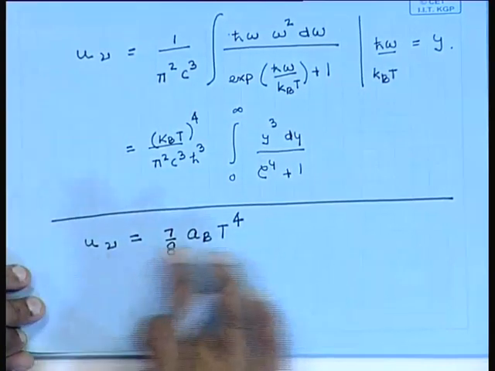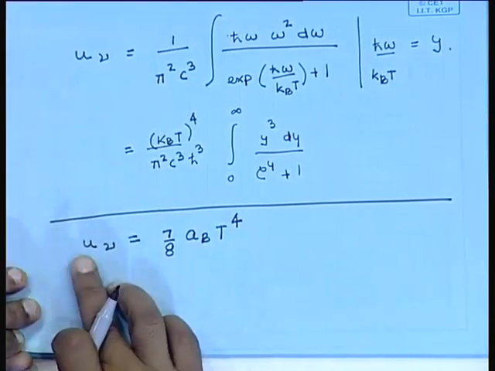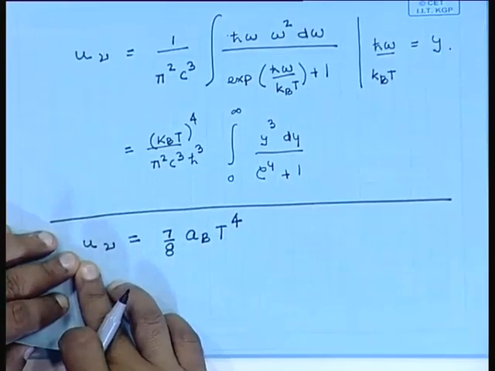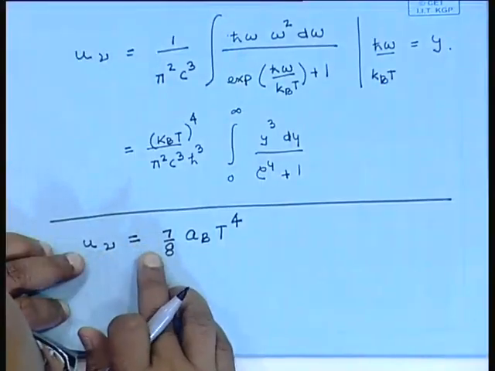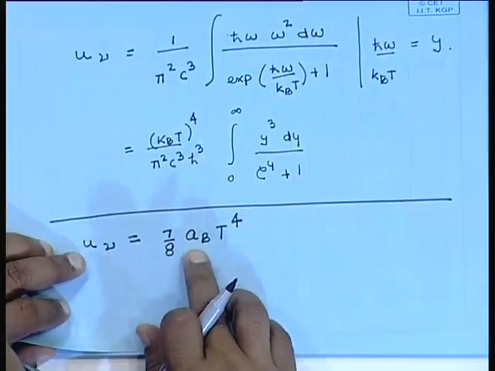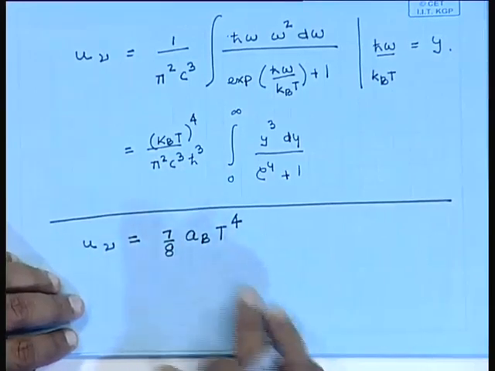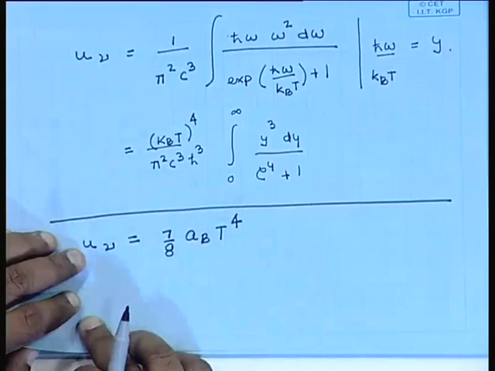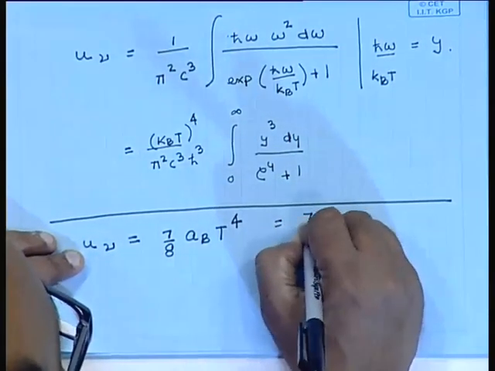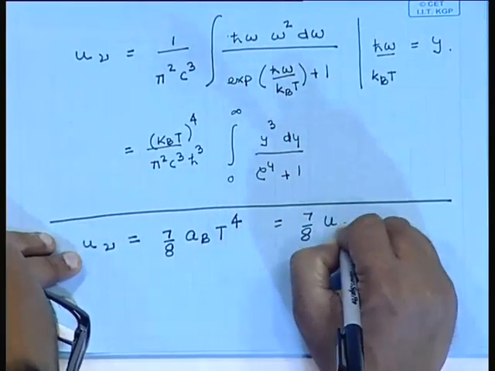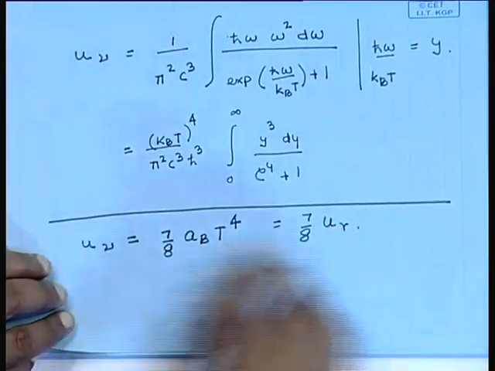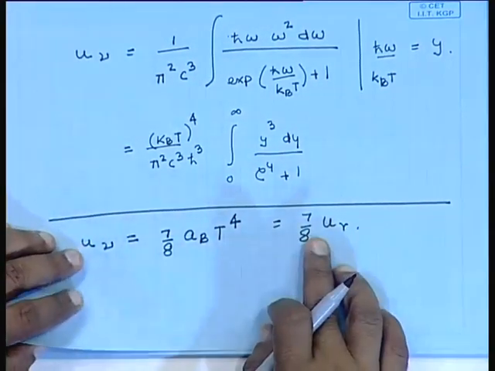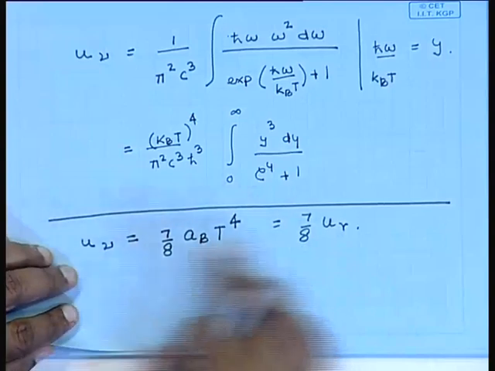Okay, so if they are at the same temperature, the energy density for one species of neutrinos, which has two polarizations, would be 7/8 into the Stefan-Boltzmann constant times T to the power 4. Okay. So, if the temperature were the same for both the neutrinos and the CMBR, then this would be exactly 7/8 times the energy density of the photons. So, if I have neutrinos in equilibrium with radiation, then this is what happens.